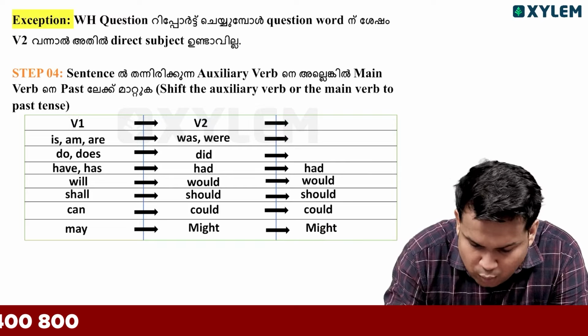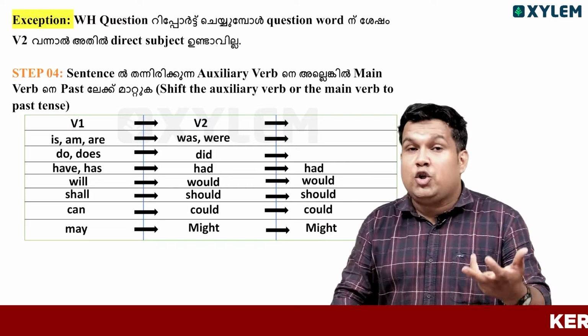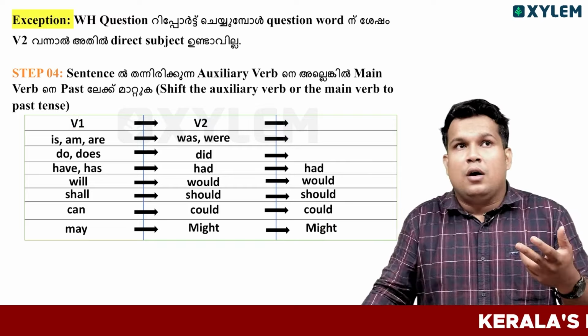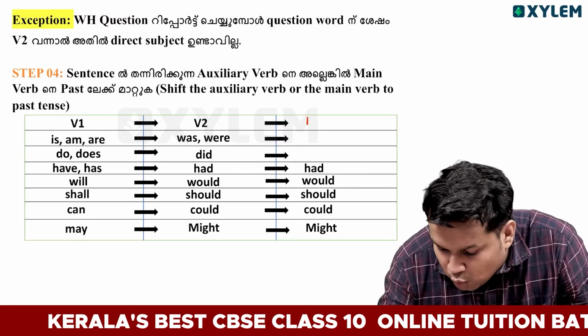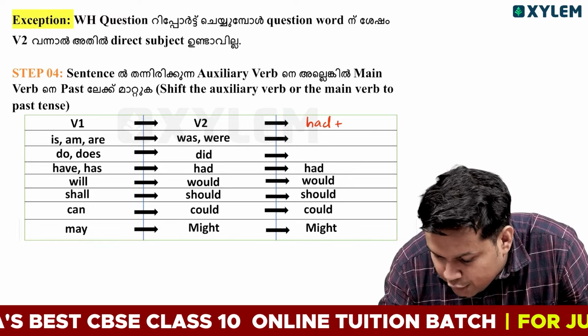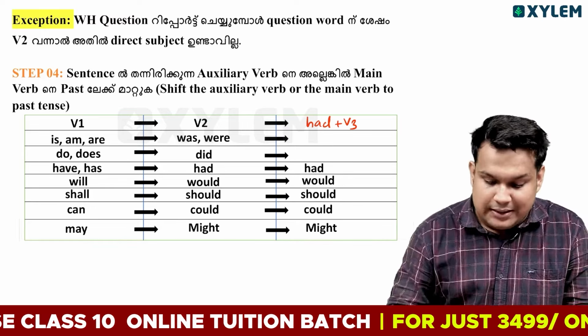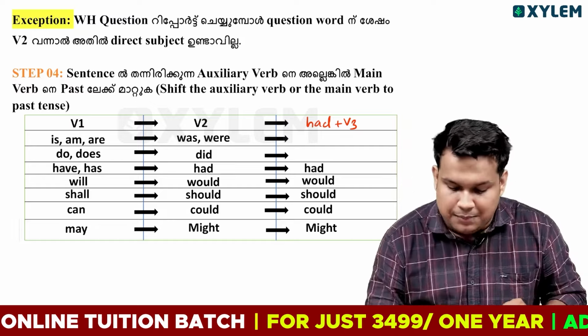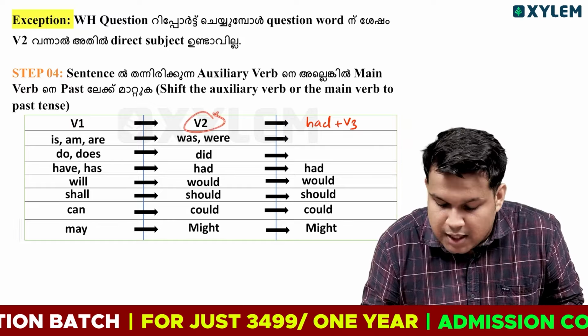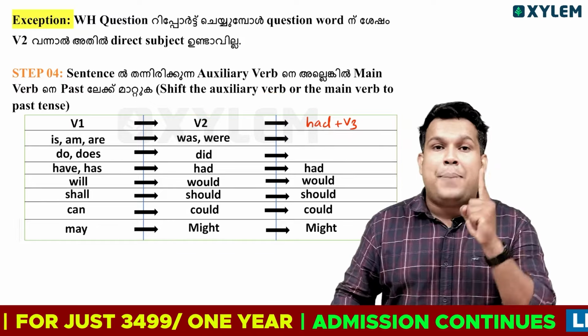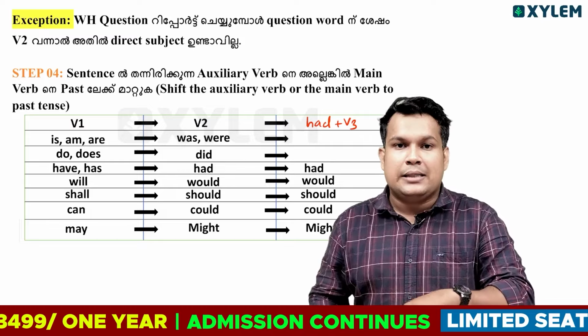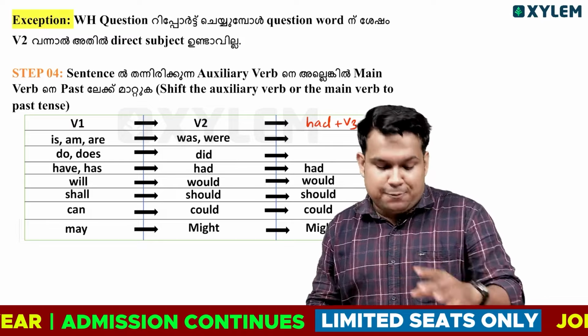And so what about V2? If it is a V2, what are you going to do? Yes, absolutely right. If it is V2, you need to convert that into had plus V3. In grammatical terms, if it is past tense, you need to convert that into past perfect tense, right? Had plus V3 is past perfect.